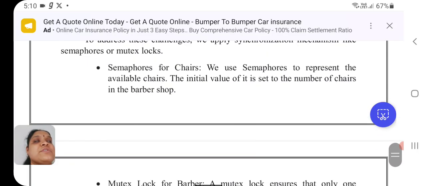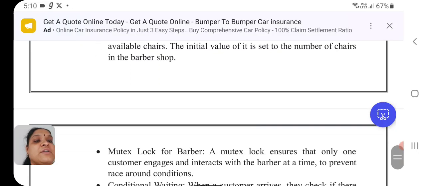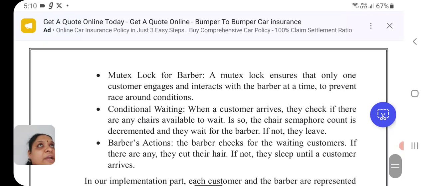We know semaphores can handle values like zeros and ones. And if you consider a mutex lock as the barber, the mutex lock ensures that only one customer engages and interacts with the barber at a time, to prevent race conditions.